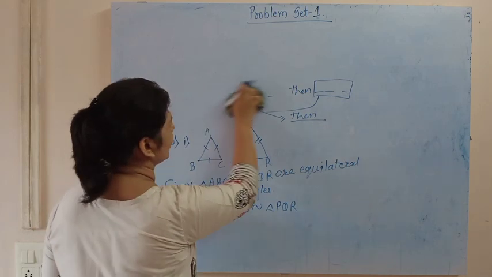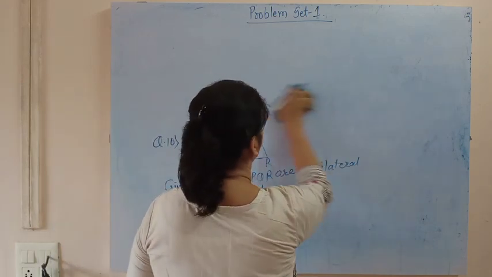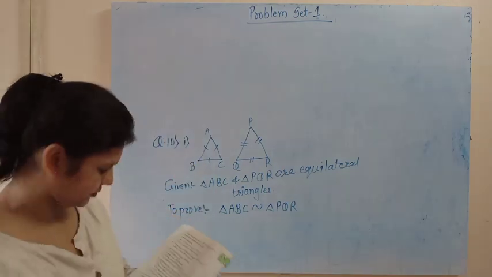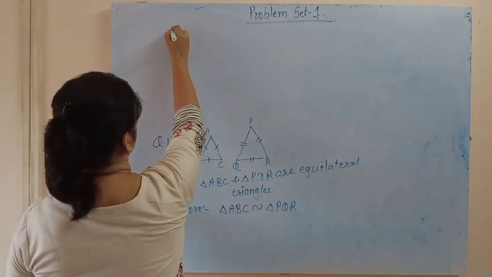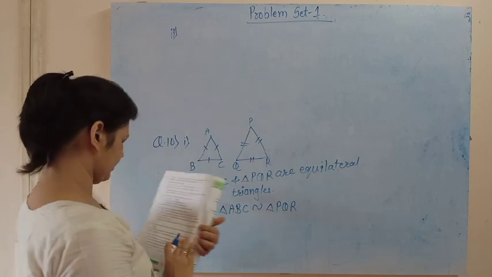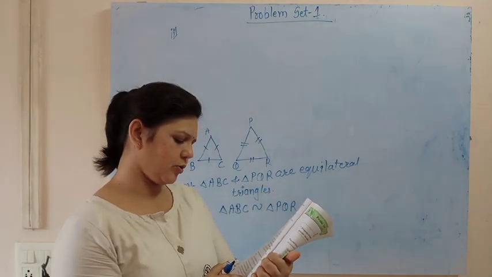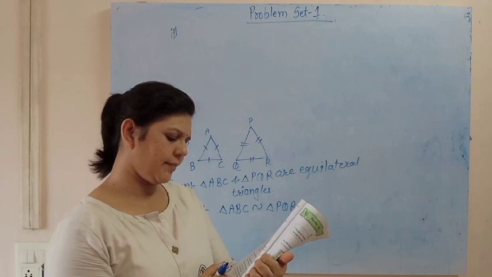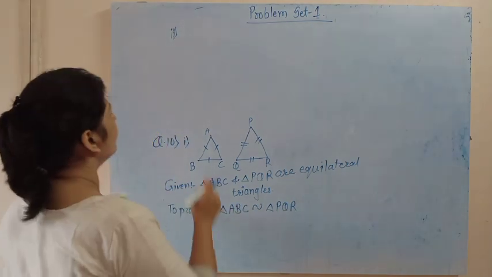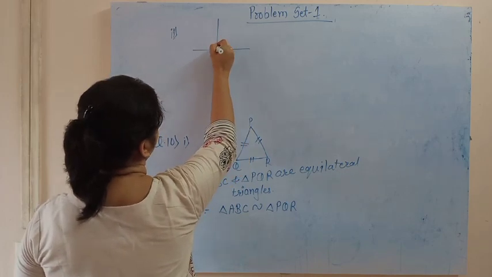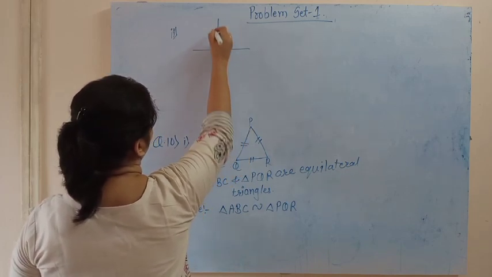Now see the second question. Okay, quite easy, the second question. If angles in a linear pair are congruent, then each of them is a right angle. So first of all we have to draw a diagram. See what is given, the angles in a linear pair are congruent.